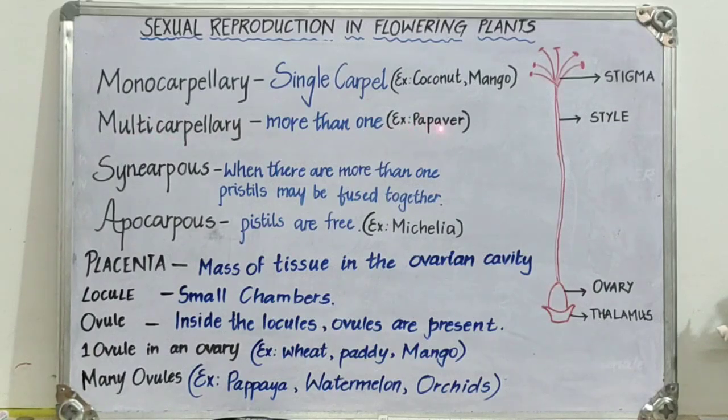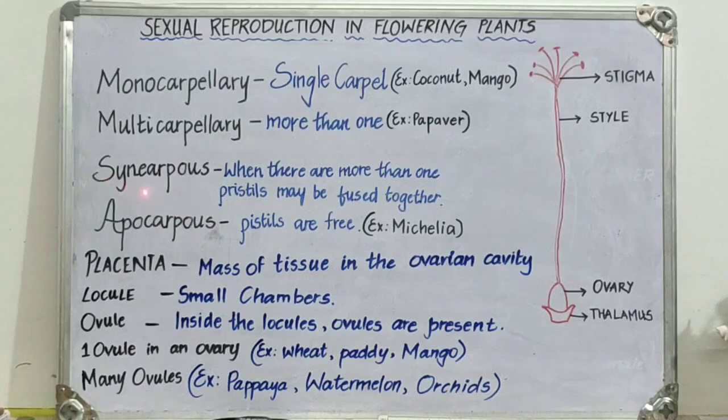You should remember the examples, as they are often asked in competitive exams. Monocarpellary, presence of a single pistil: coconut, mango. Multicarpellary, more than one: Papaver. Then coming to syncarpous.